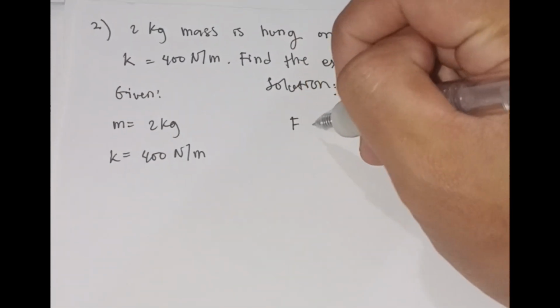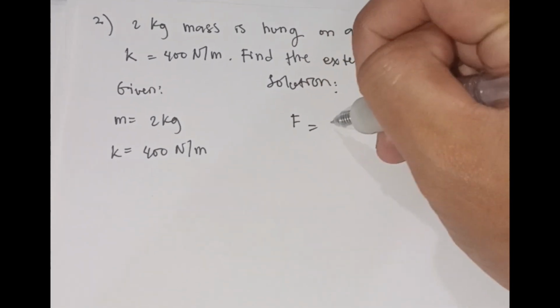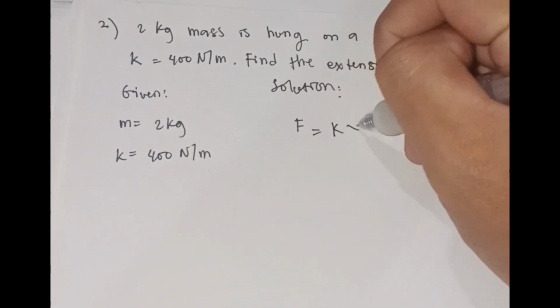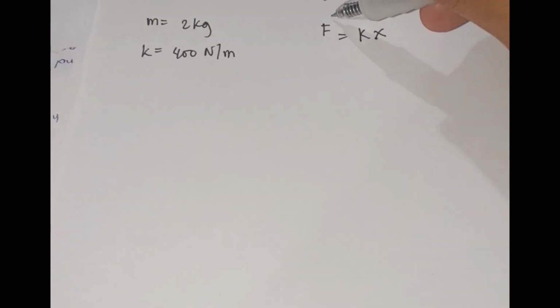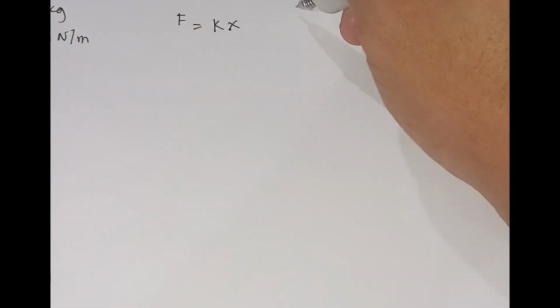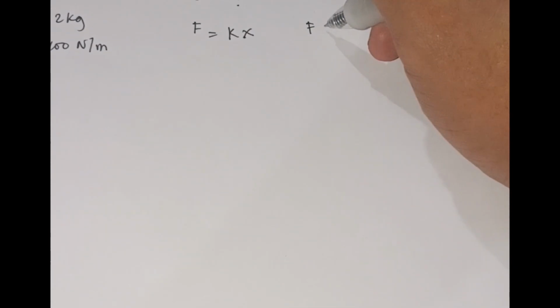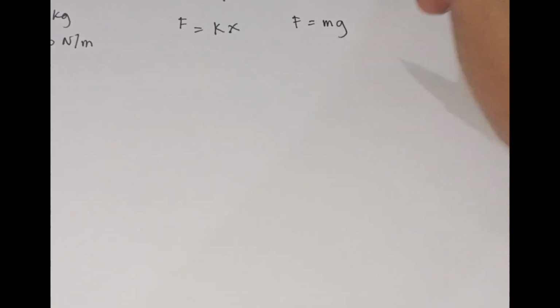So Hooke's law, F equals k times x. We only have k, but we don't have F. We need to determine the extension, but we don't have force, but we have mass. So as usual, force is equal to mass times gravity.